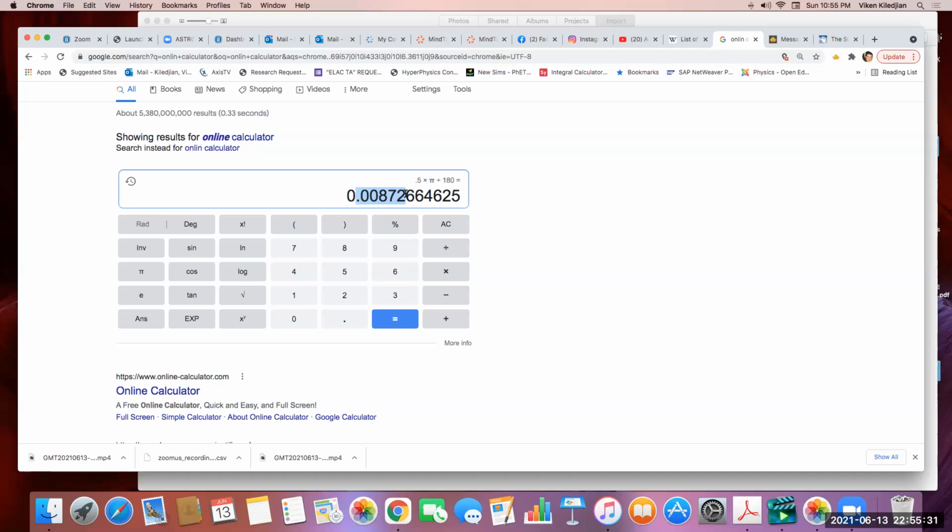So that's going to be the angle, 0.0087. Let's go to 4 decimals here: 0.008727.